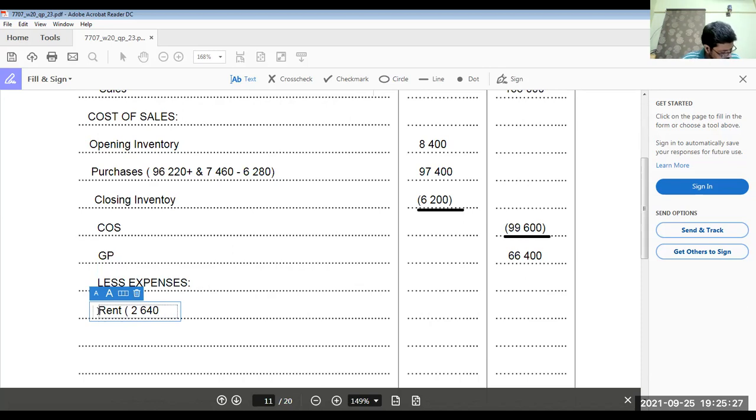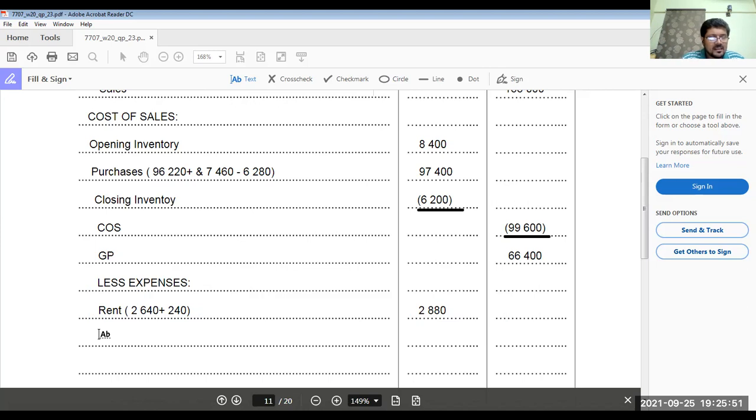Rent is prepaid at the start of the year. Prepaid at start is going to be added, 240, and we will get the exact amount: 2,640 plus 240, that is 2,880, the rent expense for the year. Done.